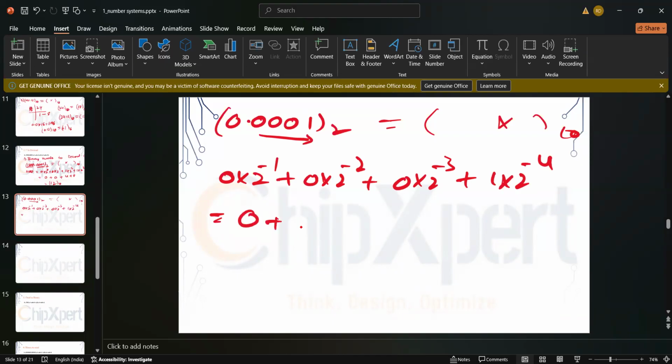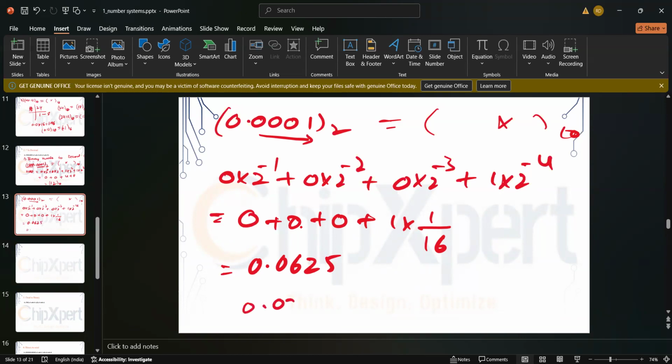That means 0 plus 0 plus 0 plus 1 into 1 by 16, right? And what was the value you will get? 1 by 16, 1 divided by 16, is 0.0625. That means the representation of 0.0001 of binary number is equal to 0.0625 of your decimal number.